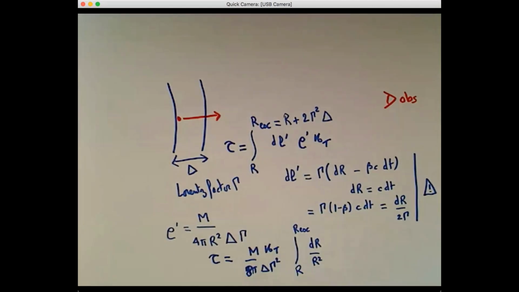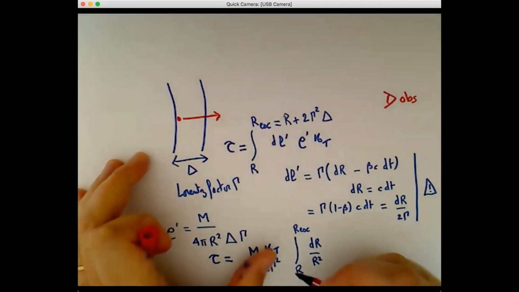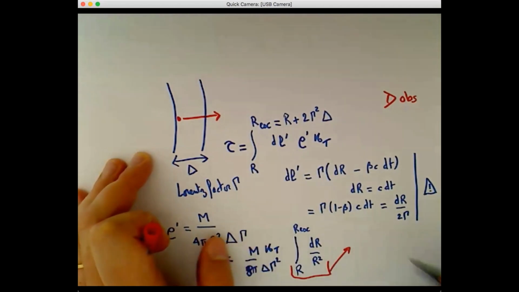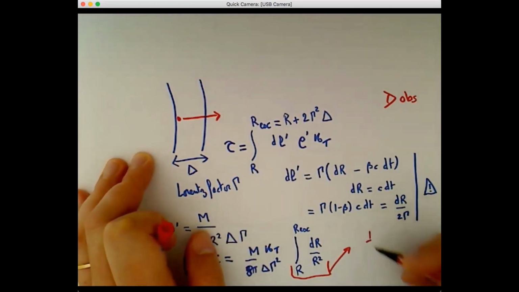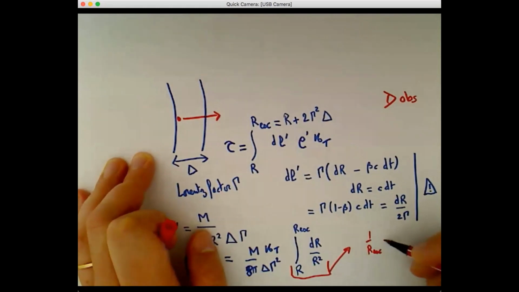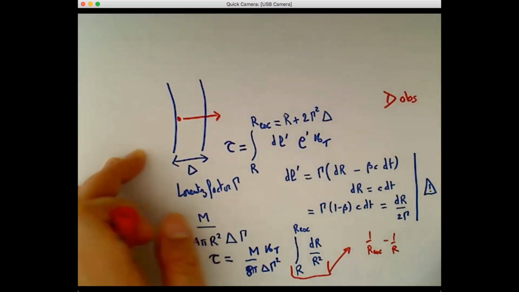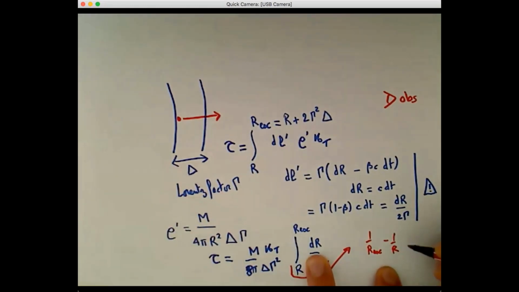So what is this integral? It is 1 over the escape radius minus 1 over the emission radius. And from the expression which is here, it is given by that.